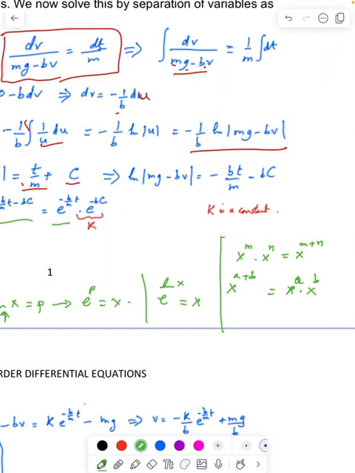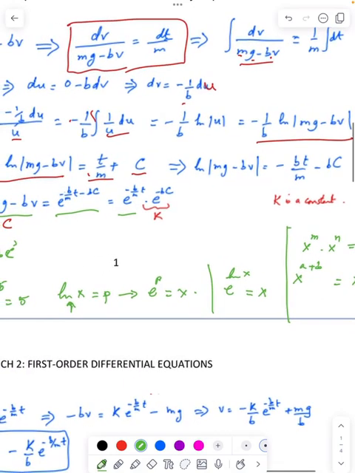So that is what I used here, because this can be thought of as e to the minus b over mt plus negative bc. So I can write it as e to the negative k over mt times e to the minus bc.